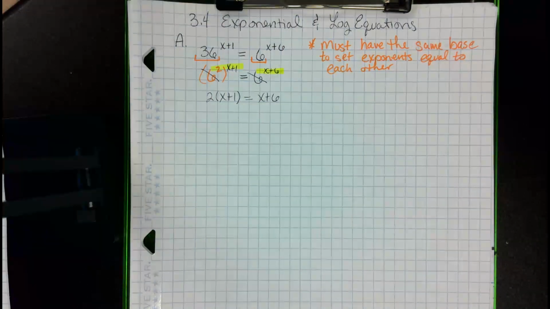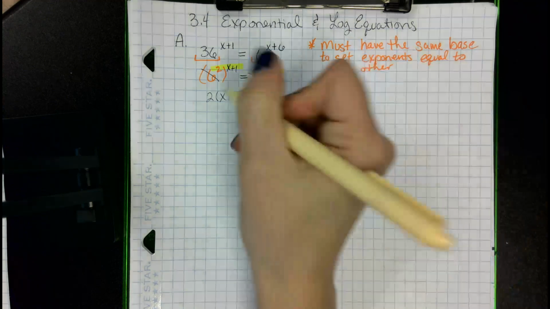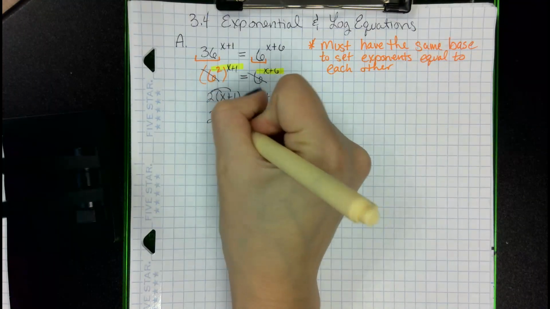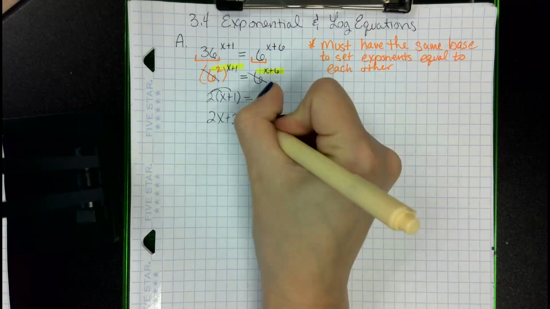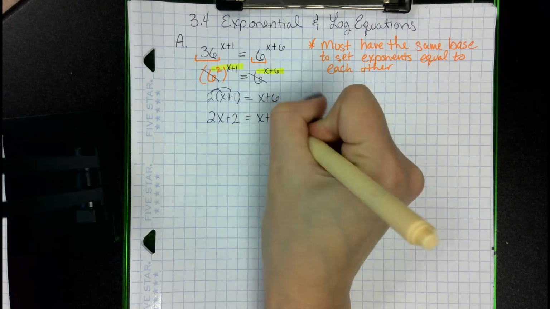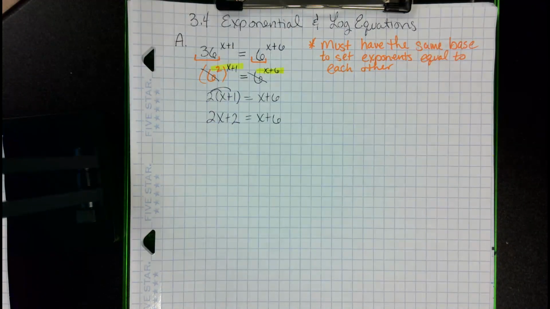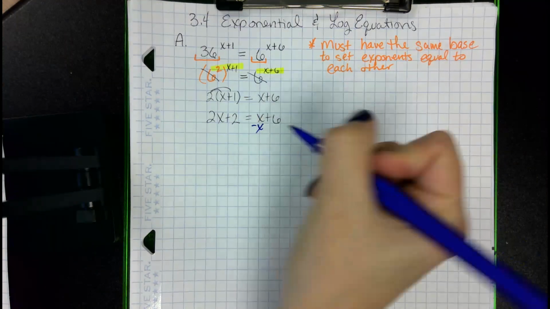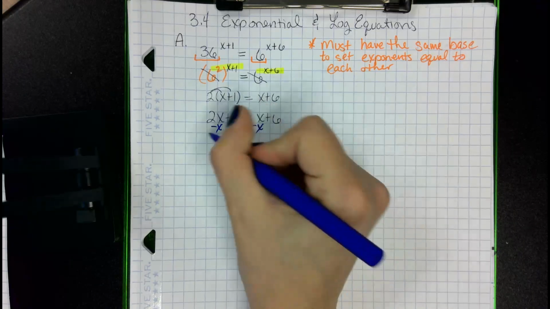And now we have a simple linear equation to solve where we distribute the 2. So 2x plus 2 equals x plus 6. And we want to subtract the smaller one, so the x minus x.